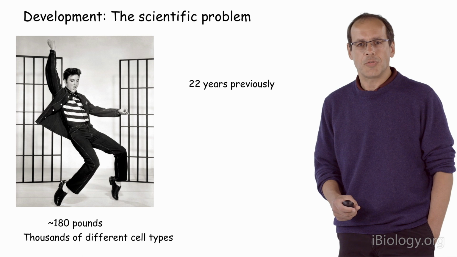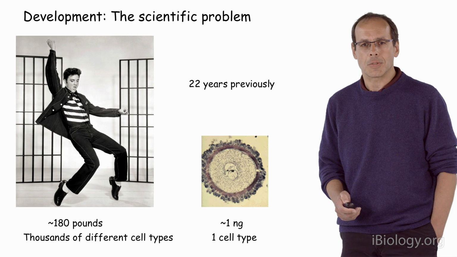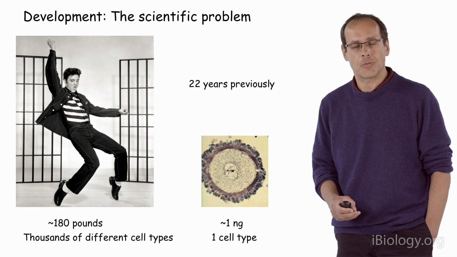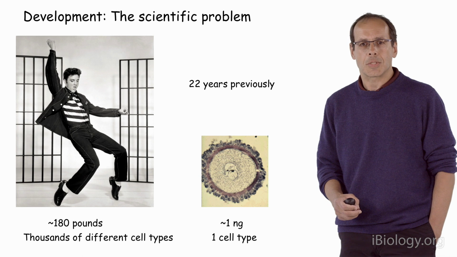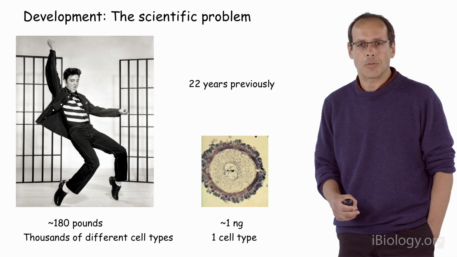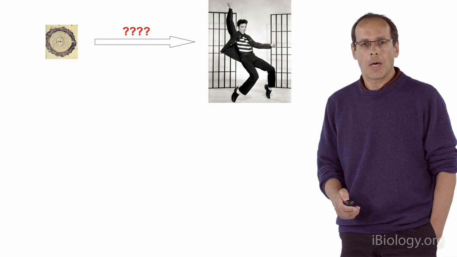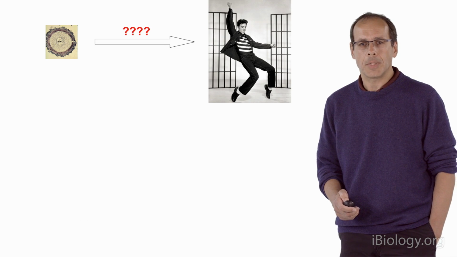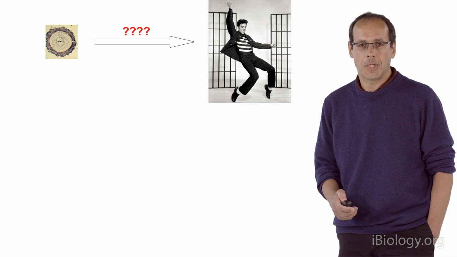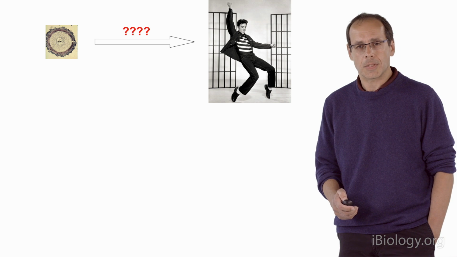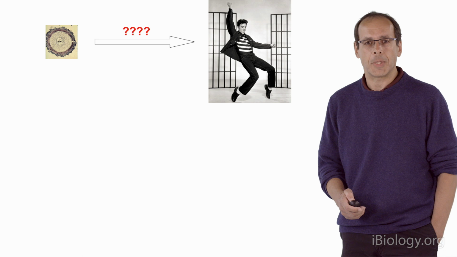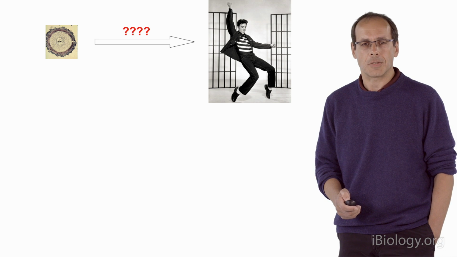And 22 years before, essentially, this organism consisted of a fertilized egg, which weighed about 1 nanogram and, of course, consisted of only a single cell type. And so the question is really, how does a fertilized egg become, over a period of gestation of 9 months and then a maturation period of many years, a fully grown organism such as the one shown on the right?